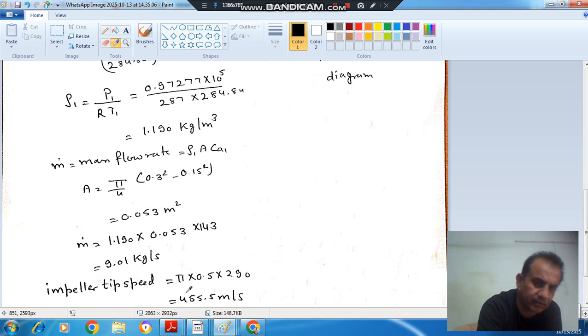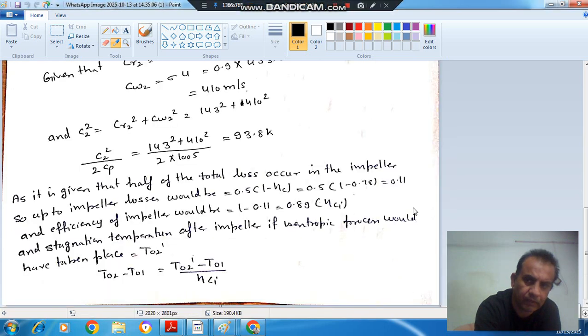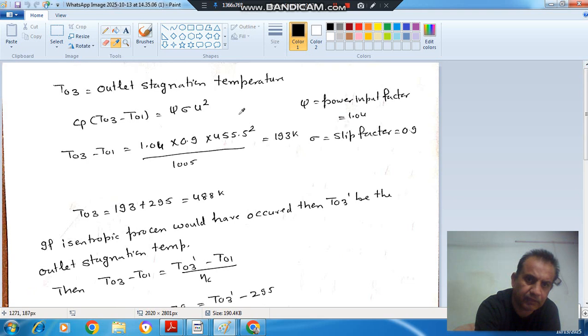So that came out as 455.5, and from this we equated the work supplied to the compressor with the thermal energy increase of the compressor. So from this we got the stagnation temperature rise that came out as 193, and the final stagnation temperature at the exit of the diffuser comes as 488 Kelvin.